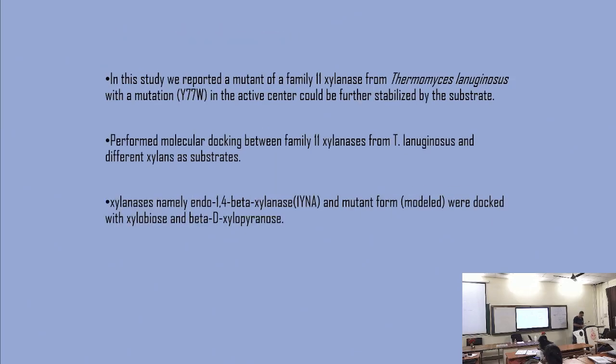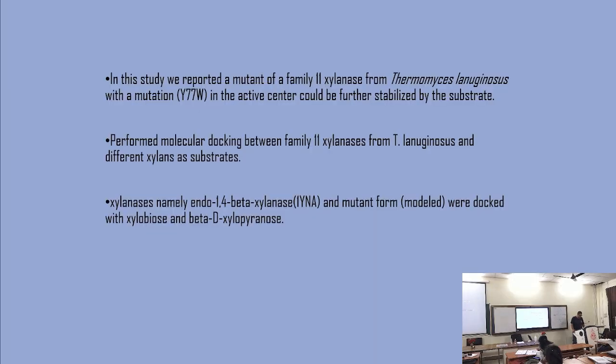So we completed the study of family 11 xylanases from Thermomyces lanuginosus. They are versatile enzymes, and we found that the Y77W mutation can be better, and it can make the xylanase more precise for the application part.